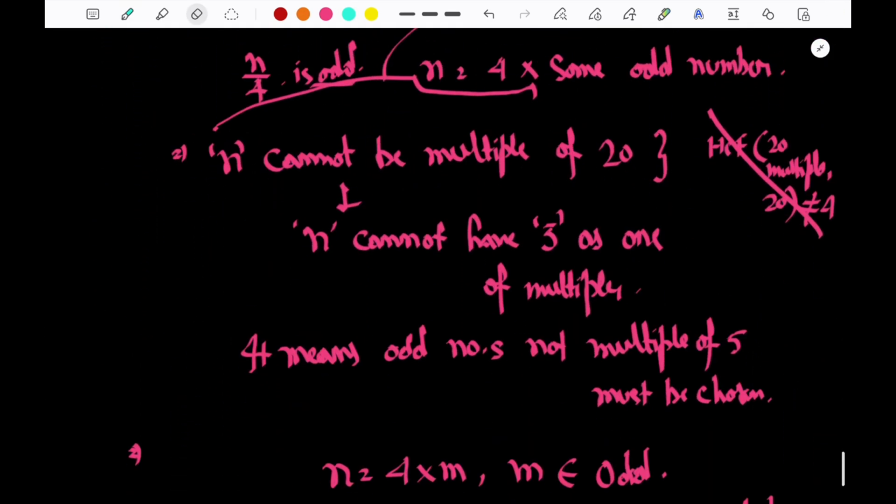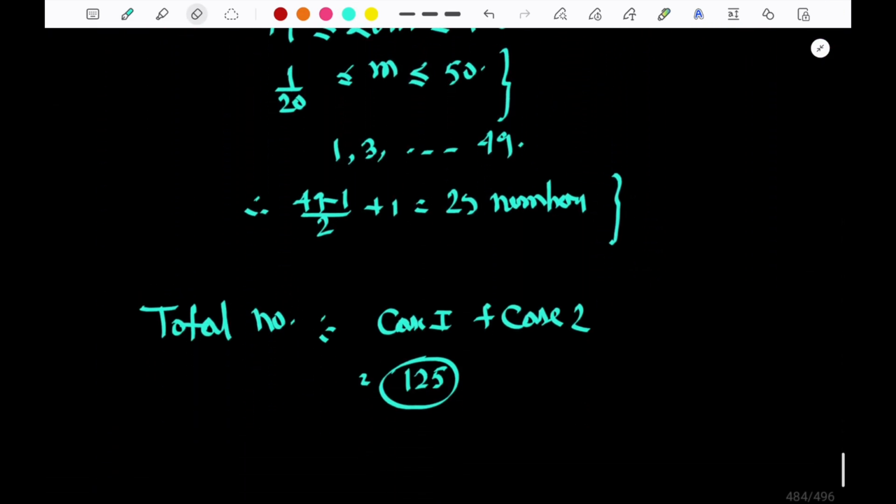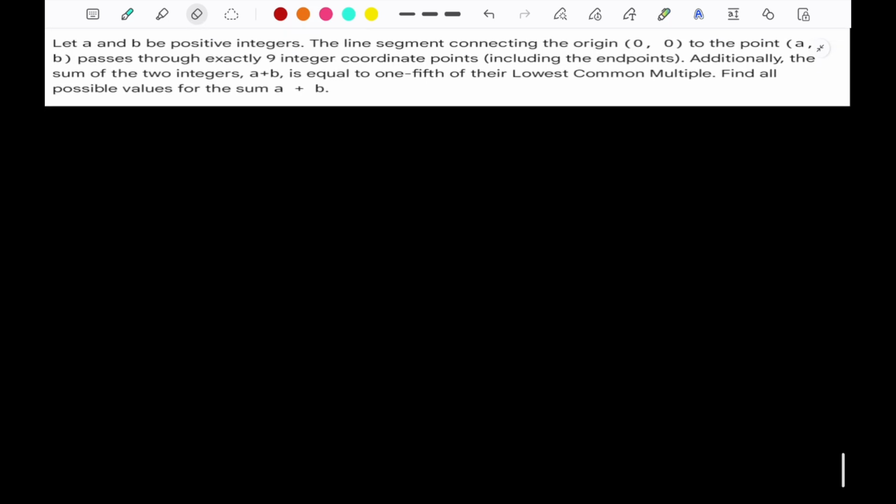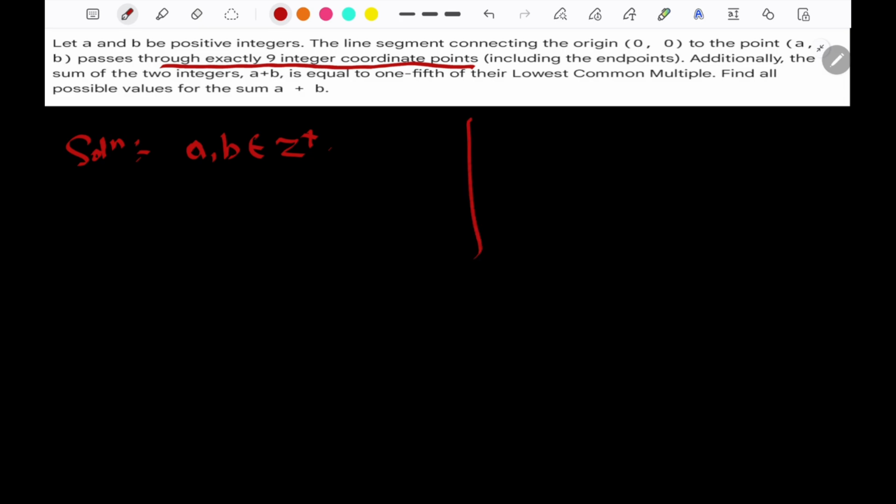Next question says, let a and b be positive integers, that is a, b belong to Z plus. The line segment connecting the origin to the point a comma b passes through exactly 9 integer coordinate points, including the endpoints. It means there is 0 comma 0, and there is a comma b.